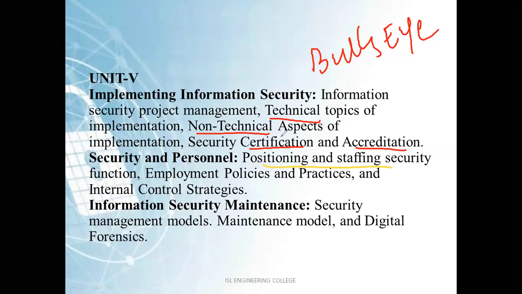Basically, we can say it covers the different employment policies that you're going to follow, and where these employees are going to be placed and under whom. In the organization where you're implementing information security, all the employees are going to be positioned under the chief security officer, CSO.